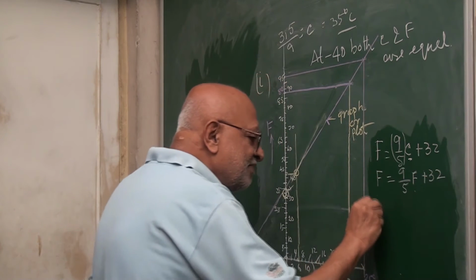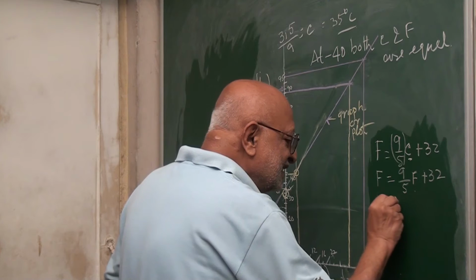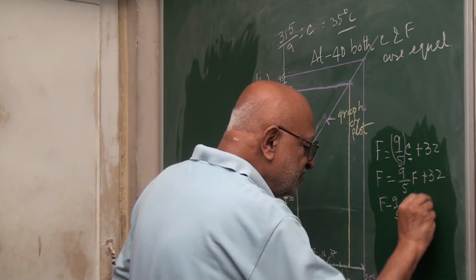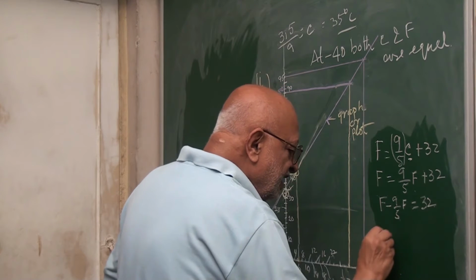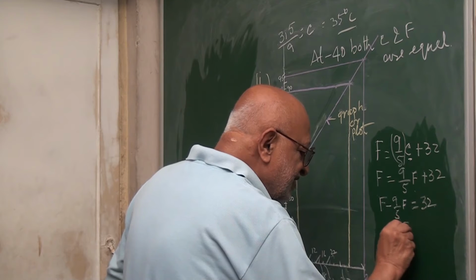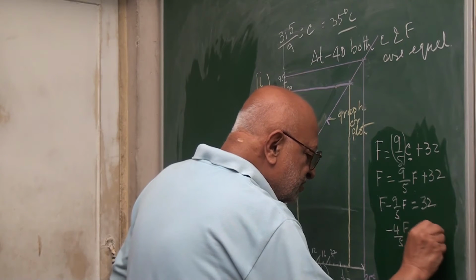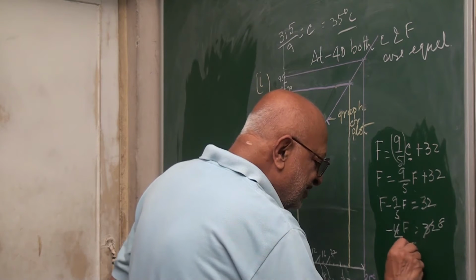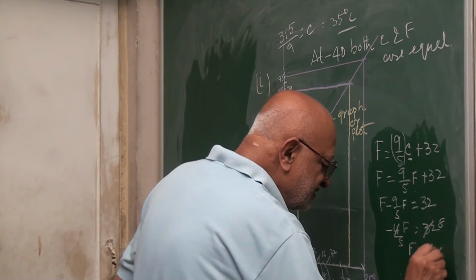So the same thing happens: F minus 9 by 5 F is equal to 32. So it will be minus 4 by 5 F is equal to 32. So this and this will be 8. So F is equal to minus 40.